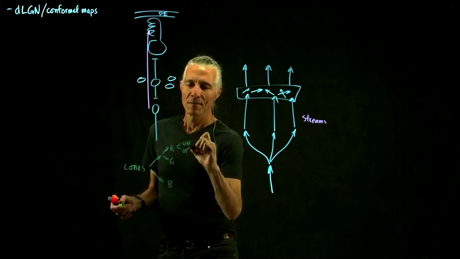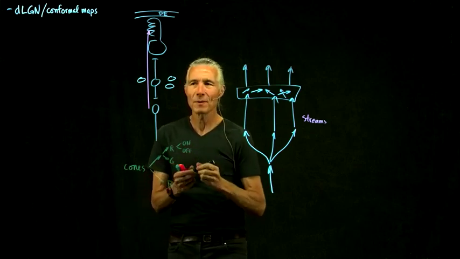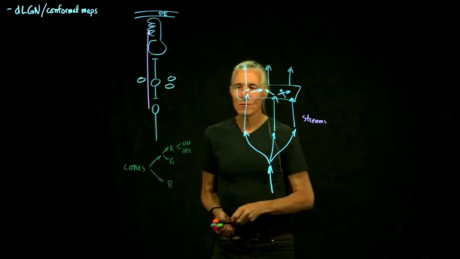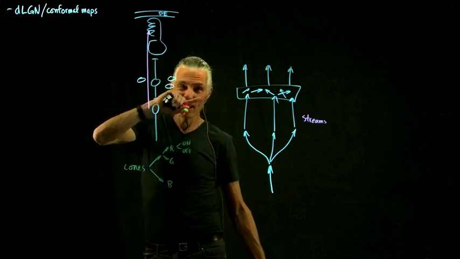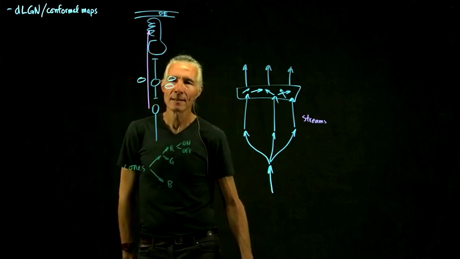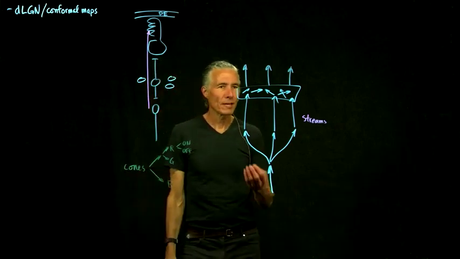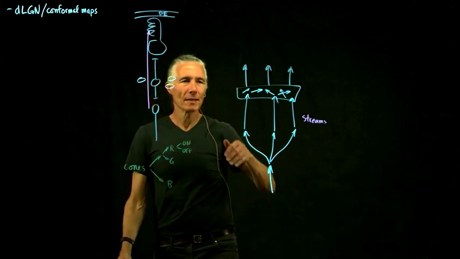And what is on and off? If you look at the cones themselves, the photoreceptors, they actually are inhibited in response to light. So when you shine a light on a photoreceptor, it actually gets inhibited.